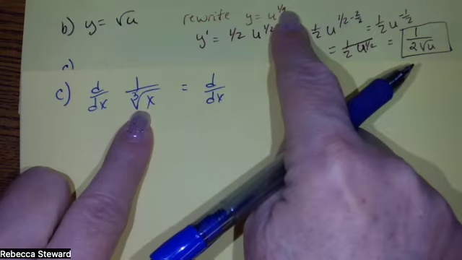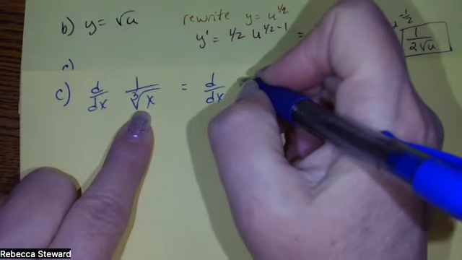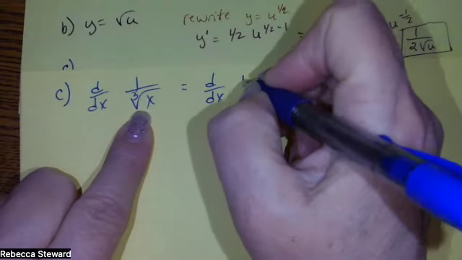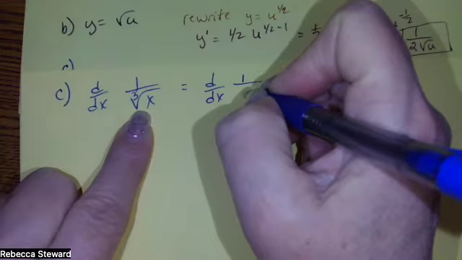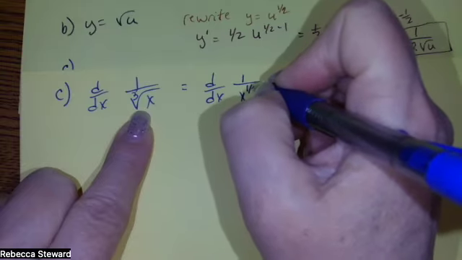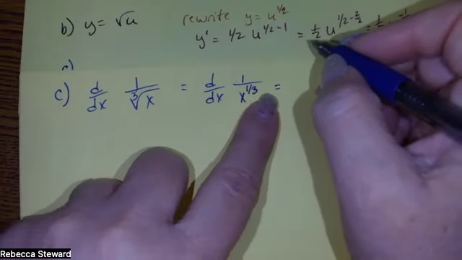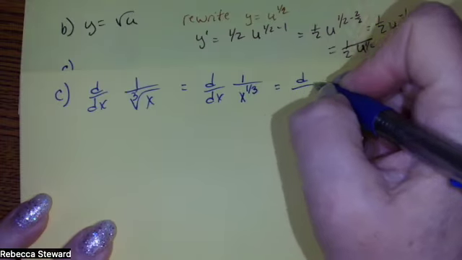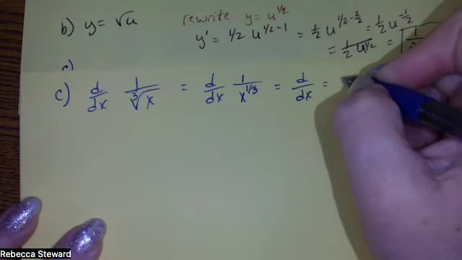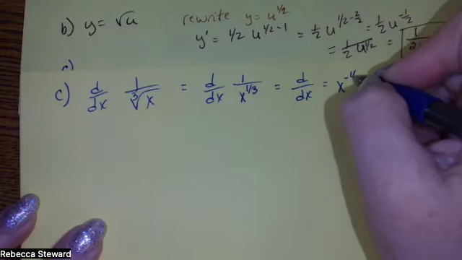But this one's down below underneath. So this would be 1 over x to the 1/3 power, but then we're going to rewrite it again because we actually need it up top. So we'll have d dx is equal to x to the negative 1/3.